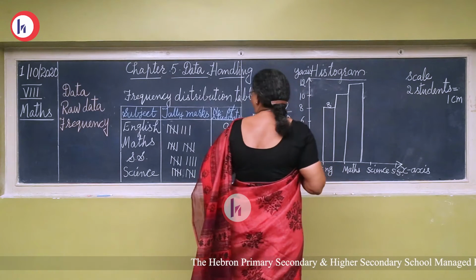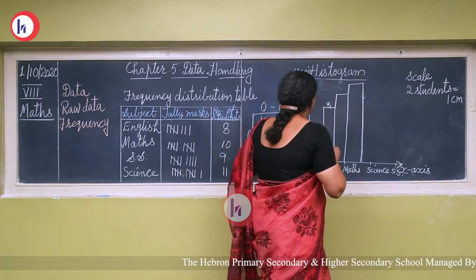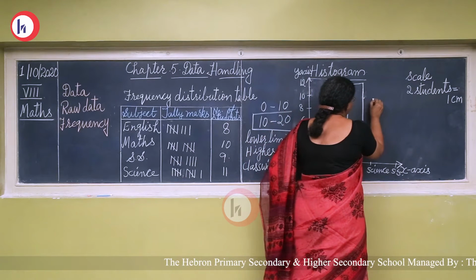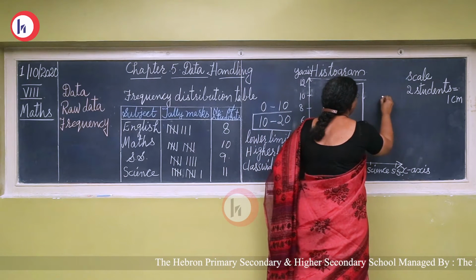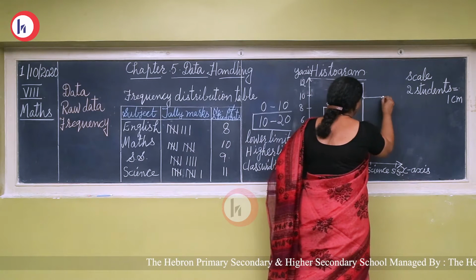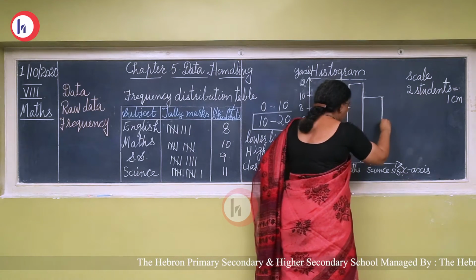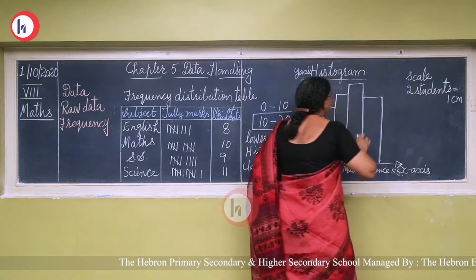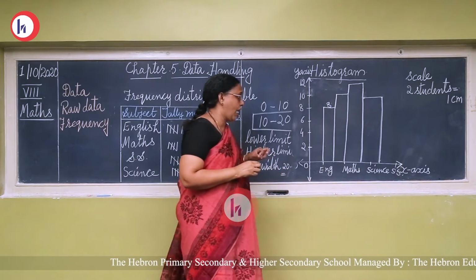Then we'll come to the SS, that is 9 students. Here between 8 and 10, 9 comes. So that will be the SS. So this representation is how we represent the information given in a histogram.